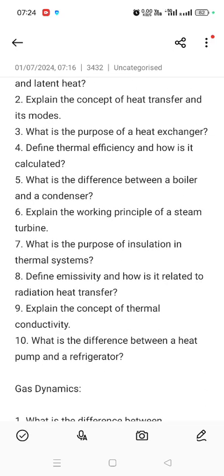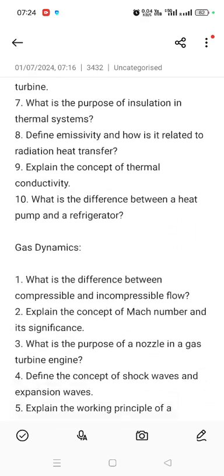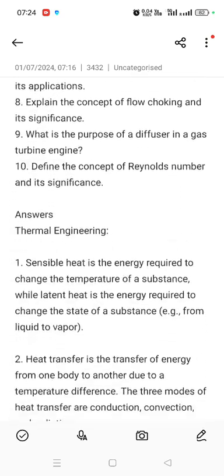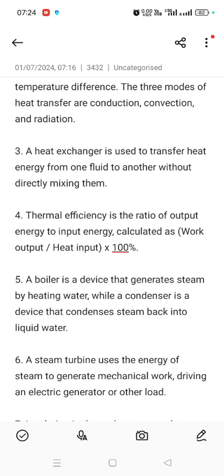What is the difference between a boiler and a condenser? A boiler is a device that generates steam by heating water or by consuming fuel, as we know. But every steam generator is not a boiler.